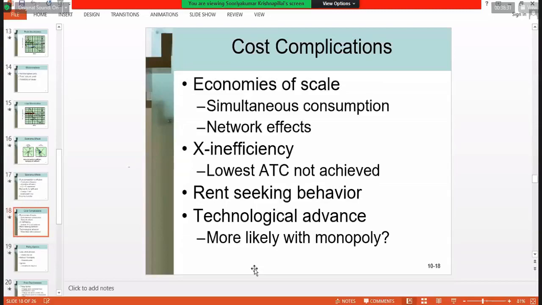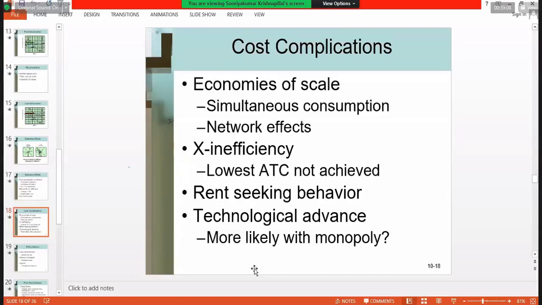So then their cost. When many consumers install that only one program, their average total cost will decrease continuously. Because they develop only one program, then many buyers buy, their average total cost continuously decreases because of simultaneous consumption.